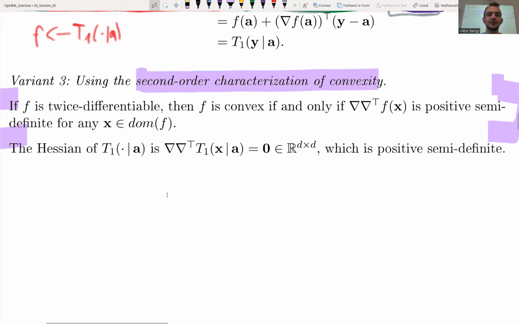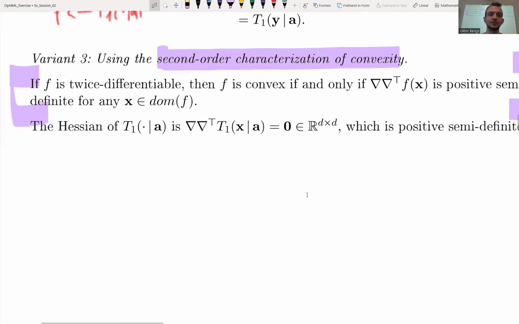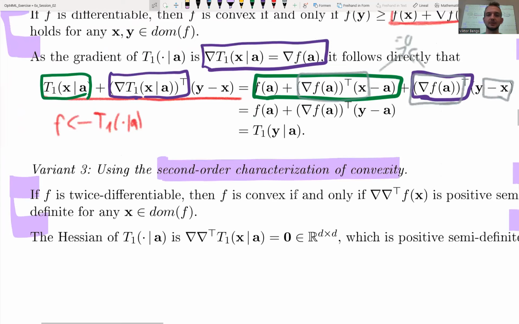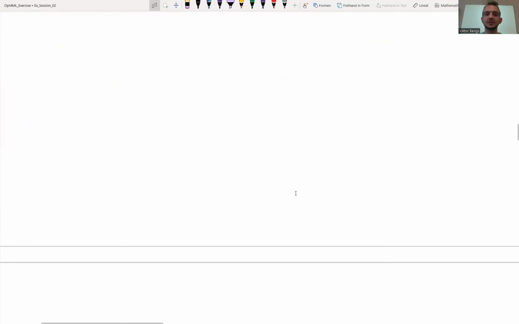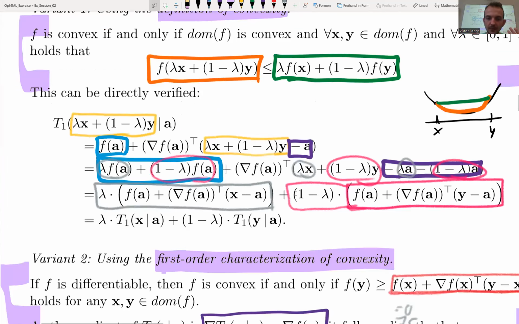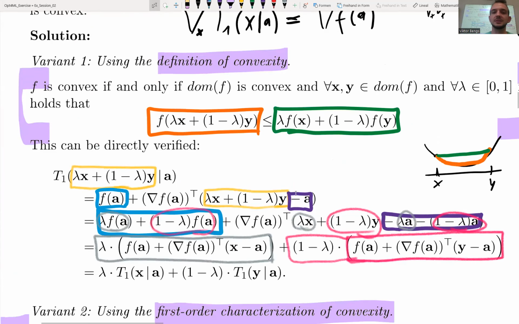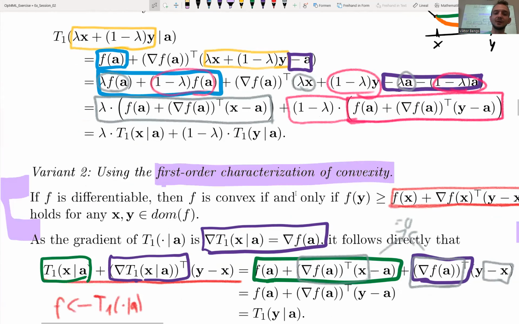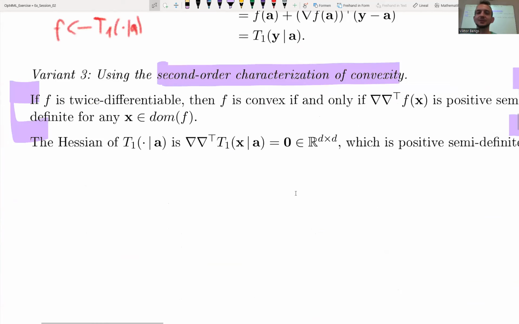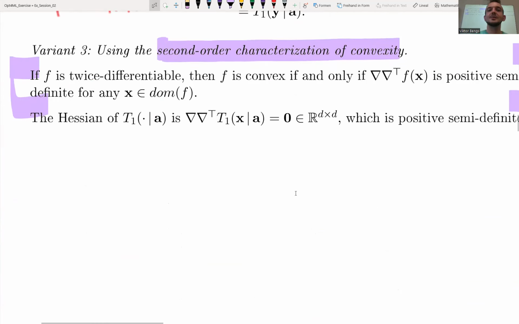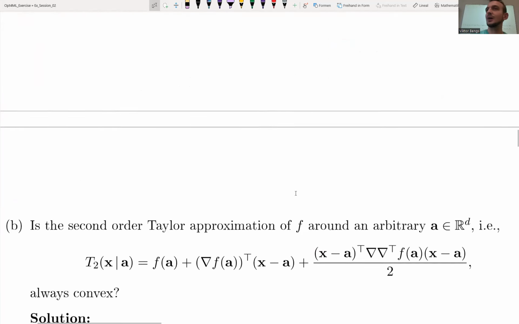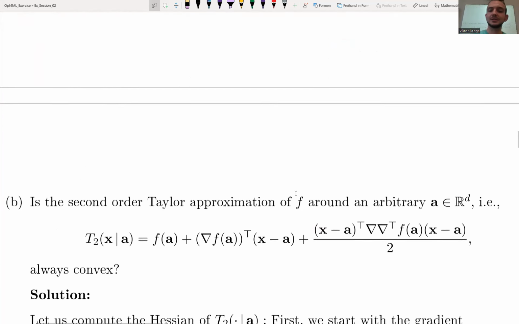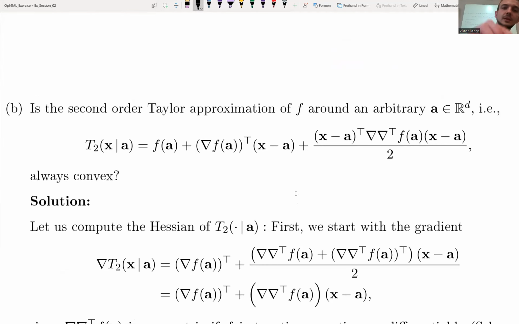So very quick to check it with the second order characterization. All right, but I just wanted also to show you how convenient sometimes these characterizations can be. Well, obviously the second order characterization was the most convenient one, but it also shows you how the equivalences are, that you also have them directly ready.